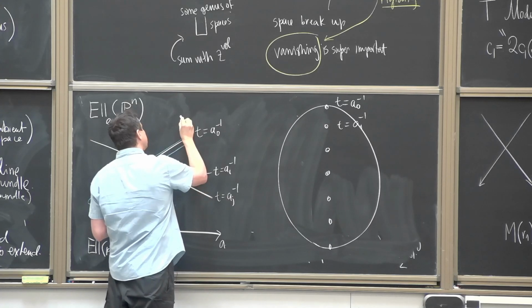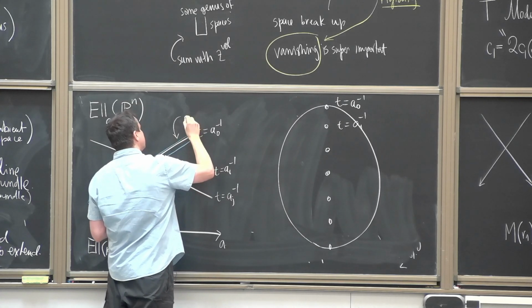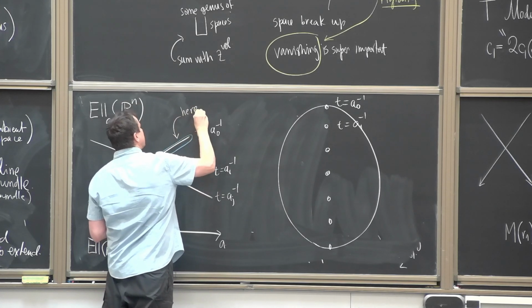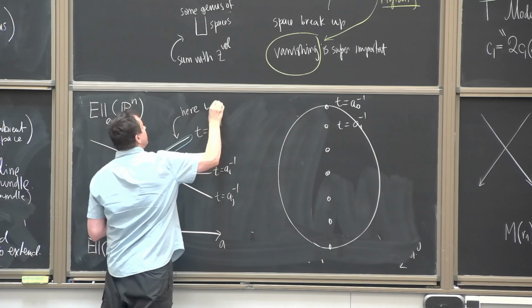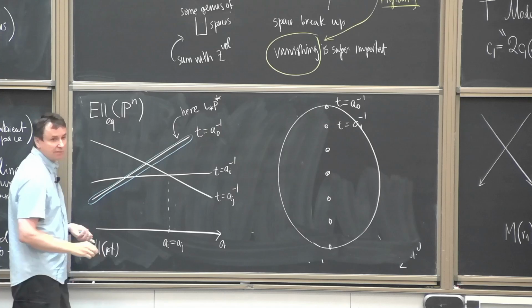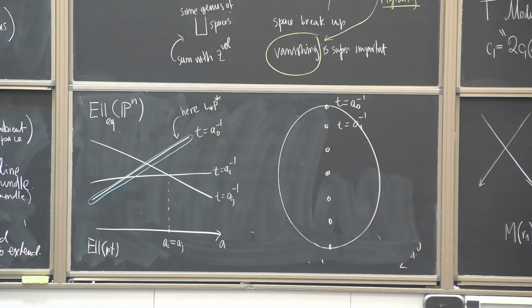And here we just look at iota push forward or p pull back, a section of some line bundle.